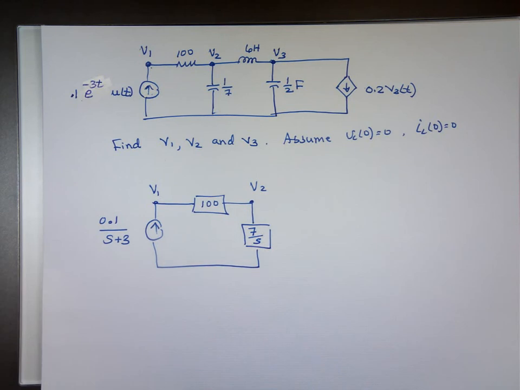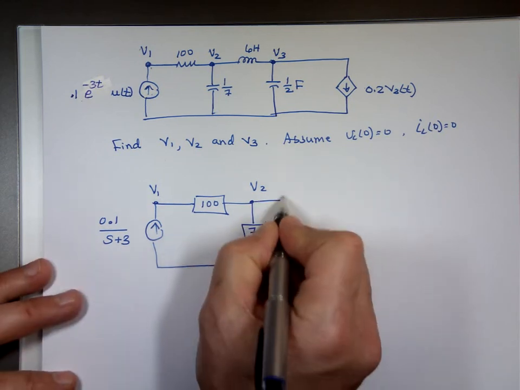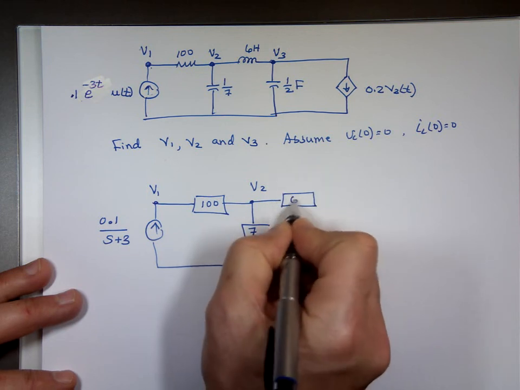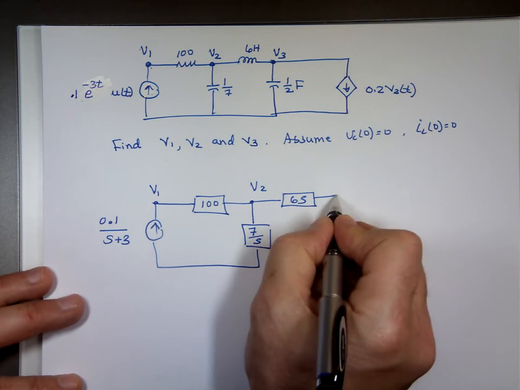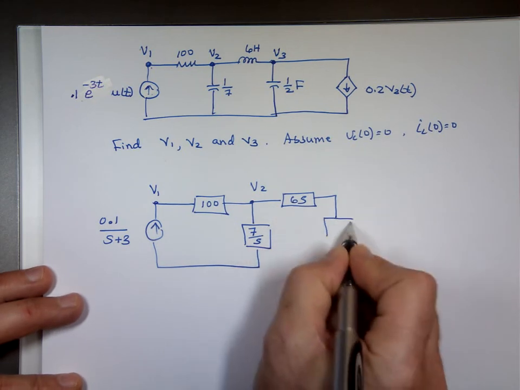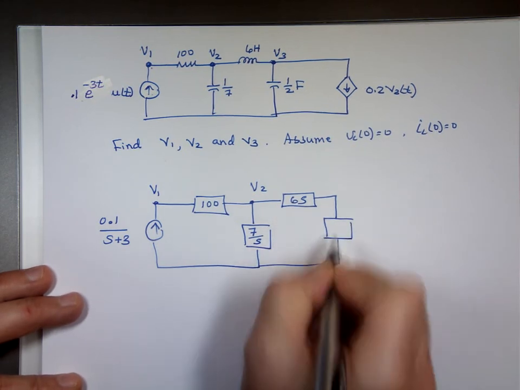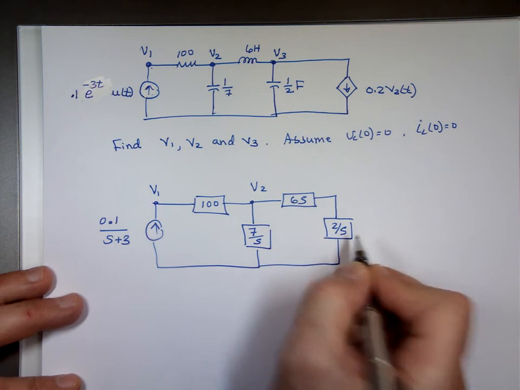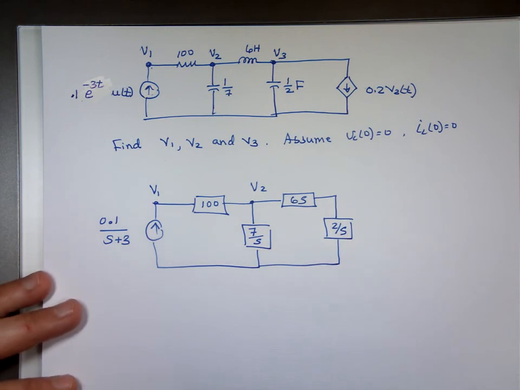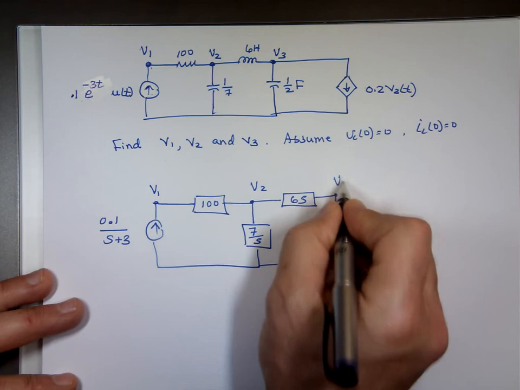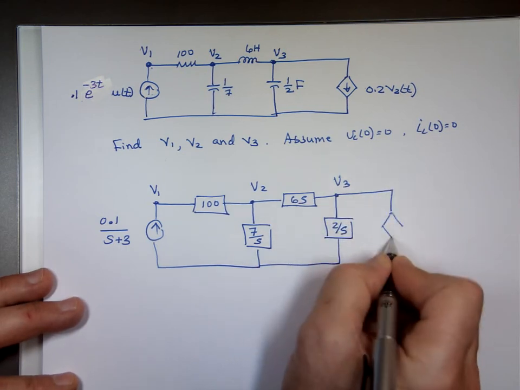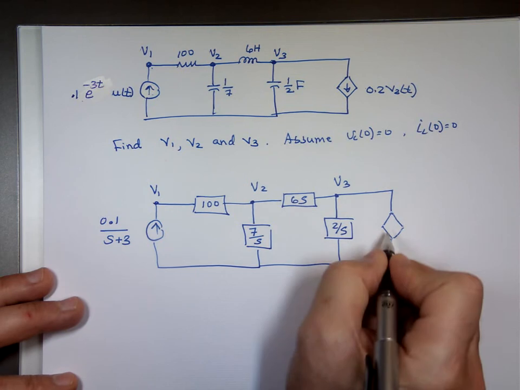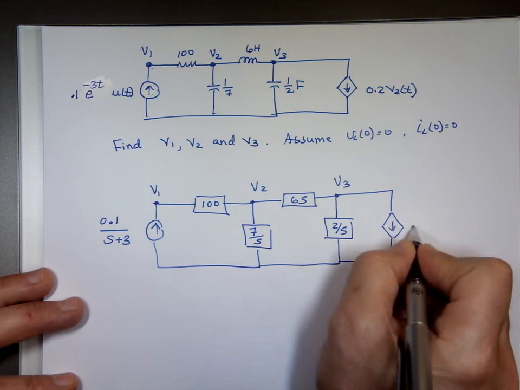This is sL, 6s. This is 1 over sC, 2 over s. And this is V3. And the dependent source becomes 0.2 times V sub 2 as a function of s.